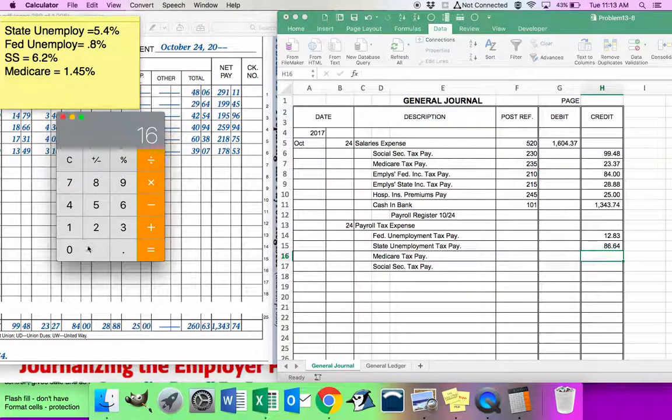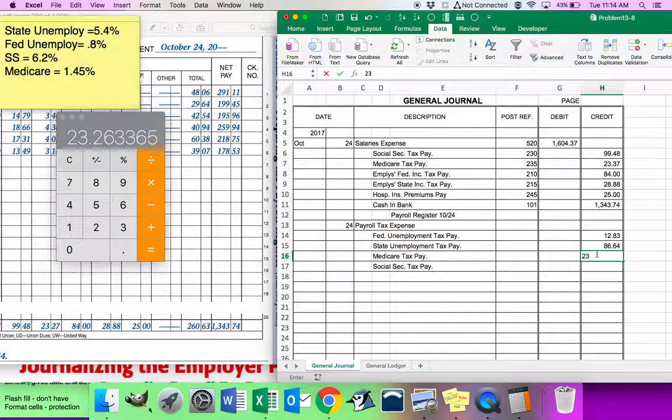Now Medicare is 1.45%. Now I'm going to show you something here. We're going to take 1604.37 times 0.0145, and we get 23.26. You'll notice over here for Medicare they actually have 23.27, so they rounded up. It's the same amount. So we'll do 23.27 because they rounded up.